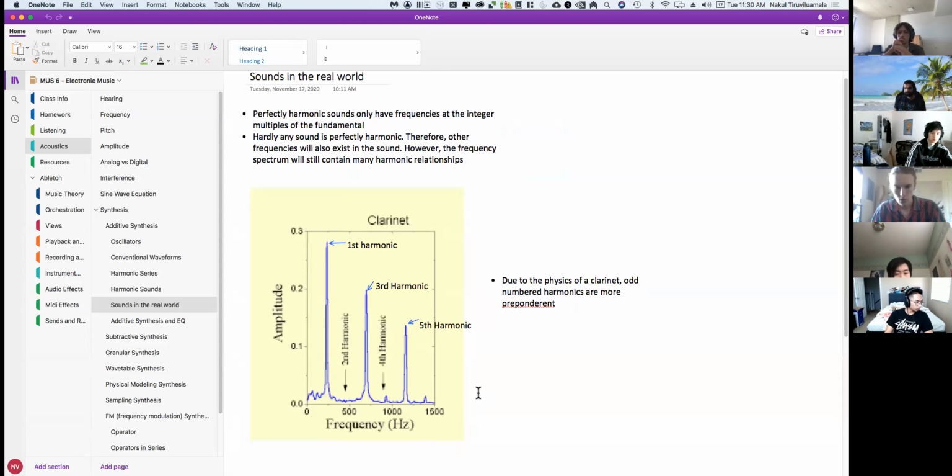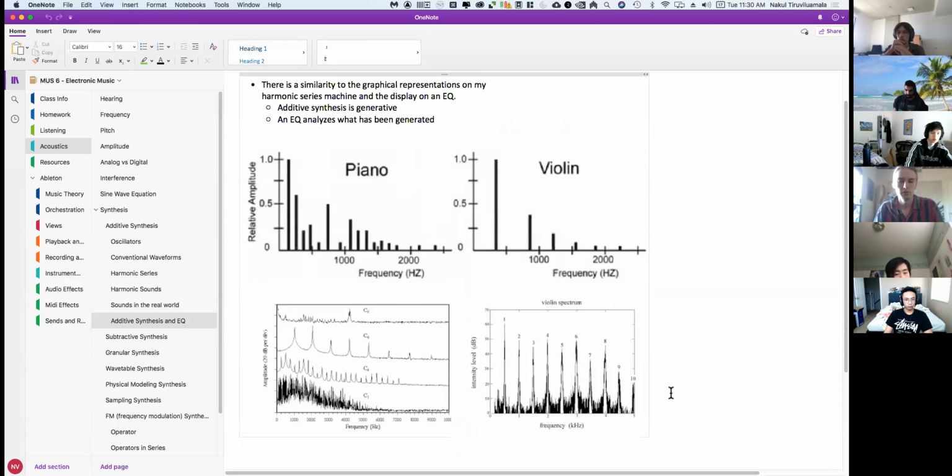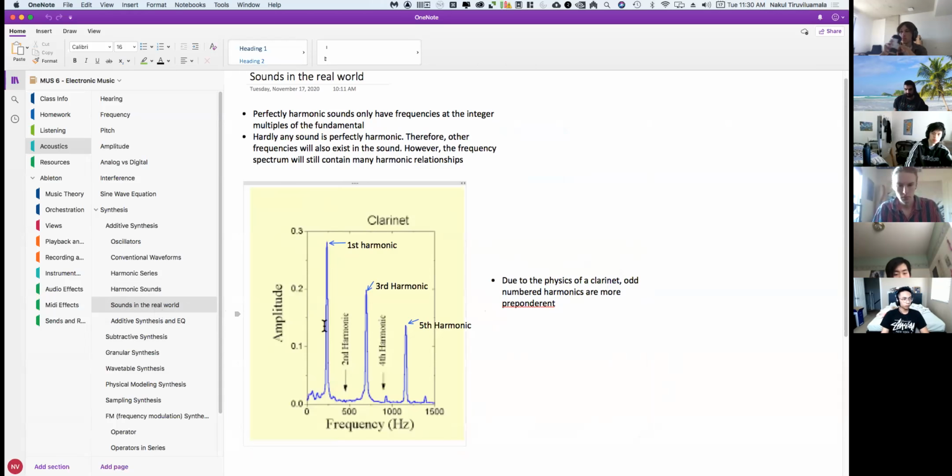To give you an idea, when you're looking at one of these little equalizers, an EQ, and you're looking at the sounds, let's say we took an EQ and we looked at a clarinet sound. What you would see is a peak on the first harmonic and the third harmonic and the fifth harmonic, right?